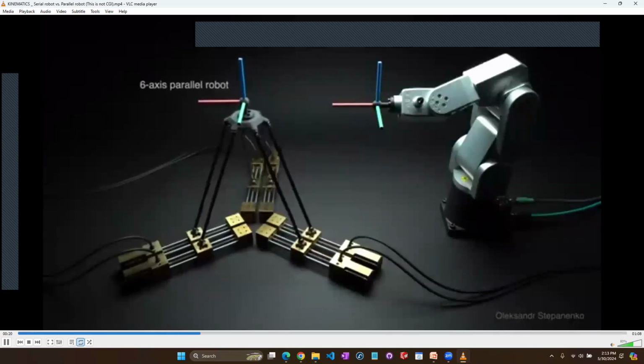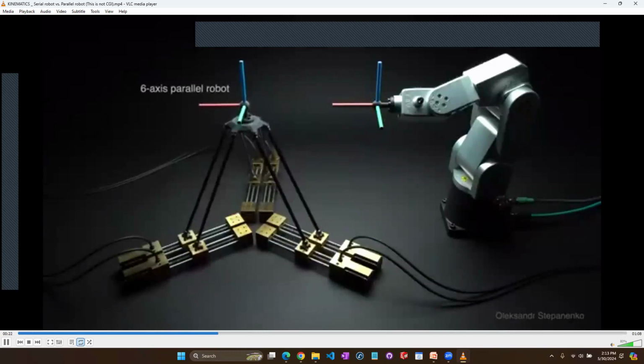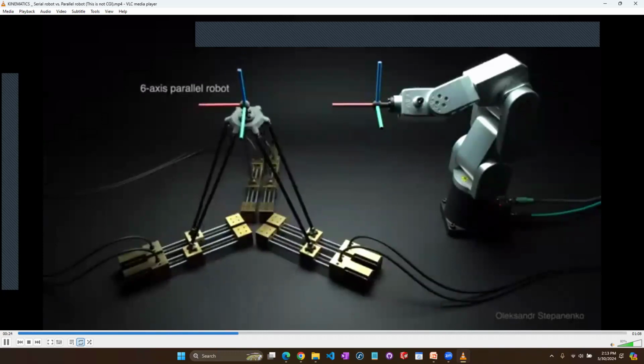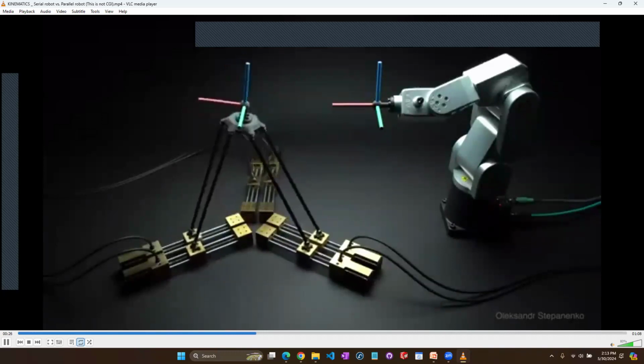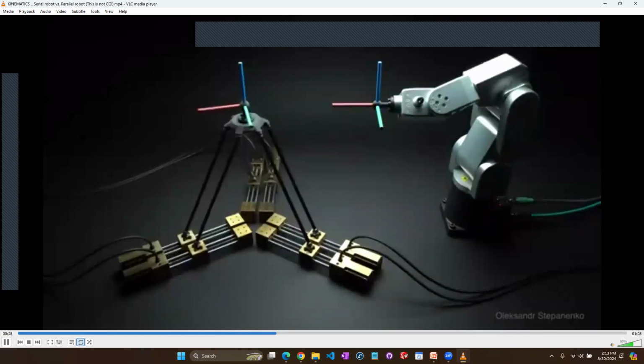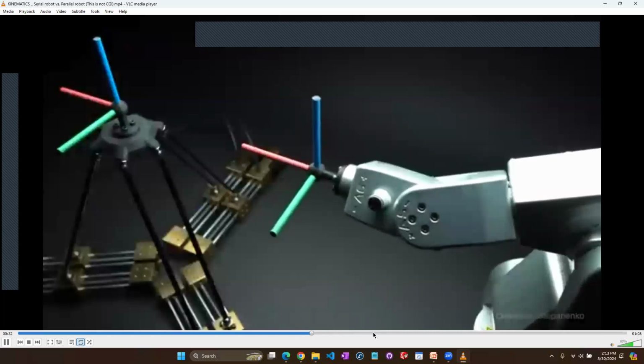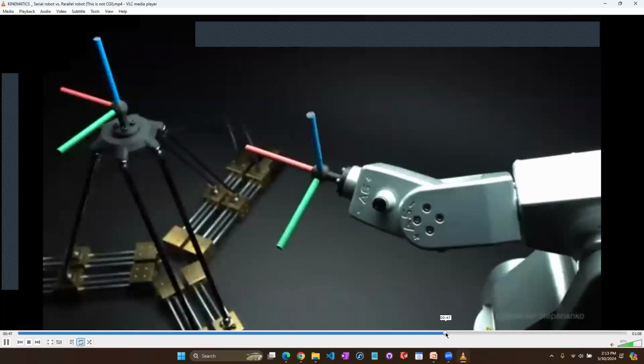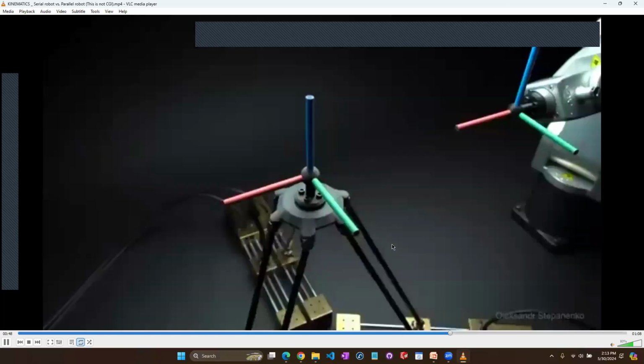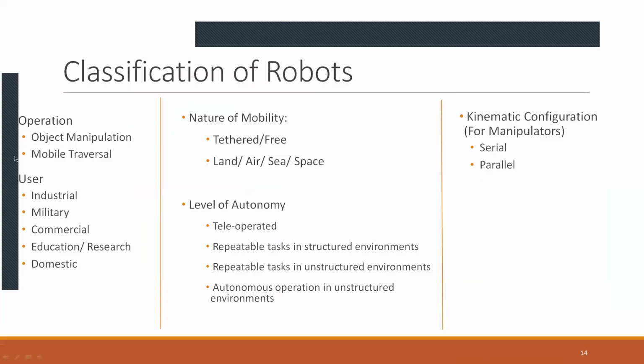They essentially can do the same thing. There's no limitations as to what they can do, but how that motion is achieved is where the difference is. That's it in regards to what serial and parallel manipulators are.